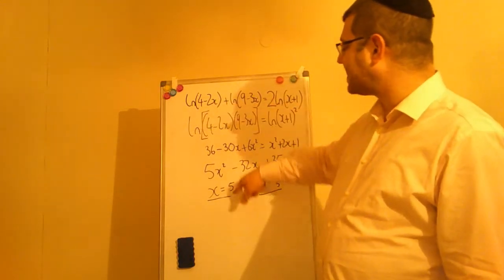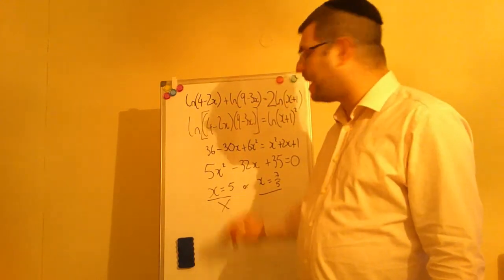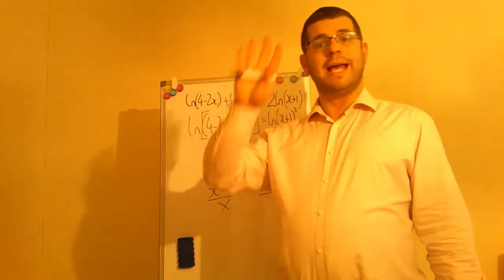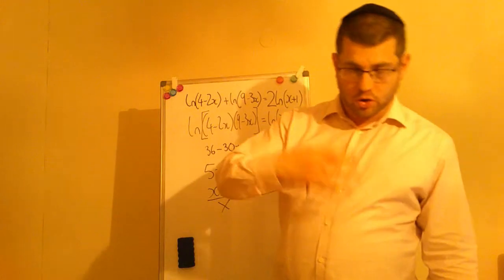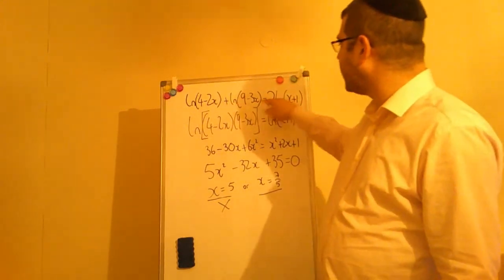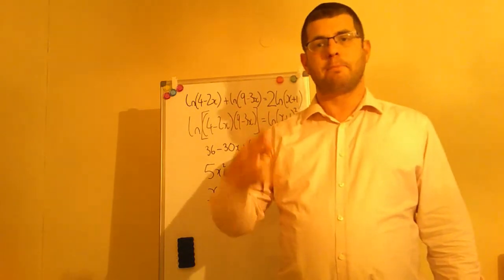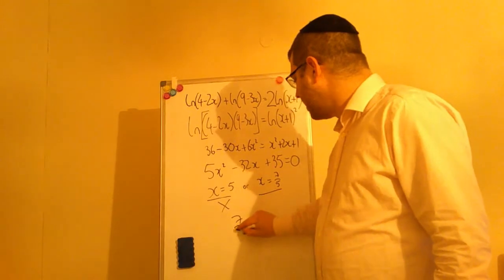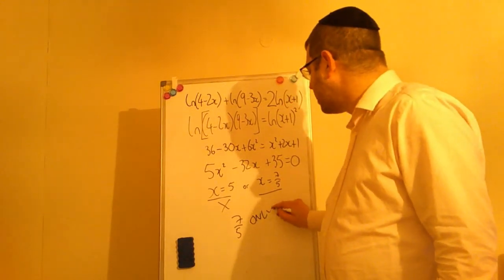Look, 4 minus 10 is negative, so straight away that's a problem. Remember, even if the first one was okay, if any single term is negative inside the ln or a logarithm, that's a problem. And if you check, 7 over 5 can safely go into each of these three terms and generate a positive input into the ln, so 7 over 5 is the only solution.